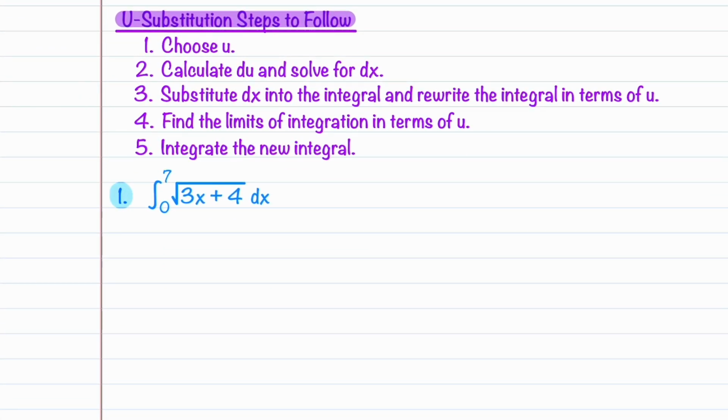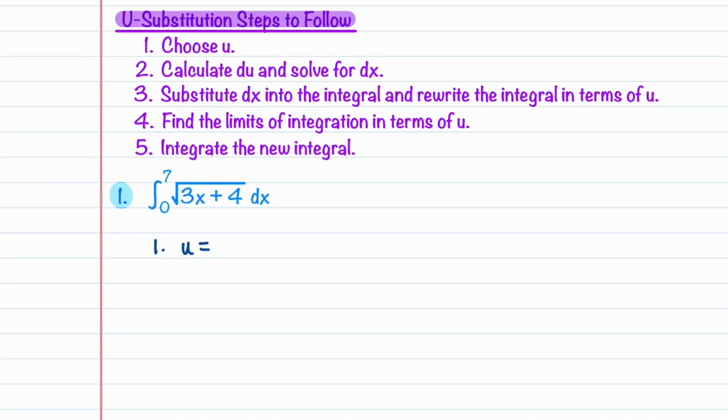In our first example, we are going to integrate the square root of 3x plus 4 from 0 to 7. Our first step is to choose what we're going to let u be equal to. Our first choice should always be to make u equal to the function whose derivative is in the integral.